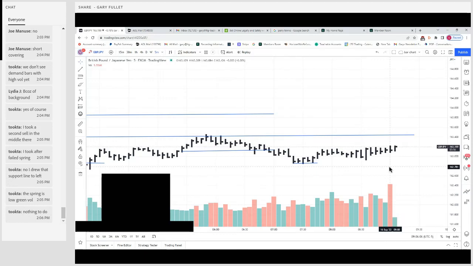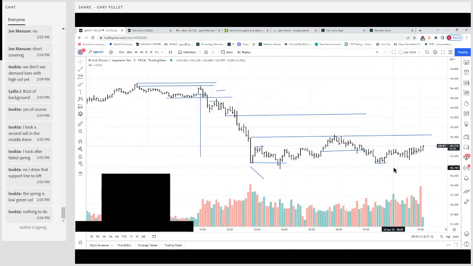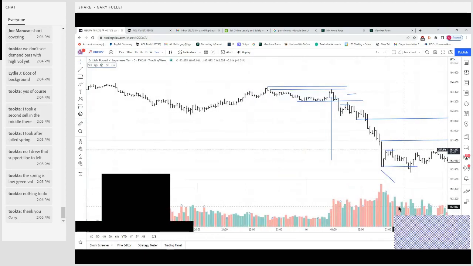It's a great illustration of the pound yen chart, the 5 minute chart. When you look at the whole picture, it's a beautiful story, right?